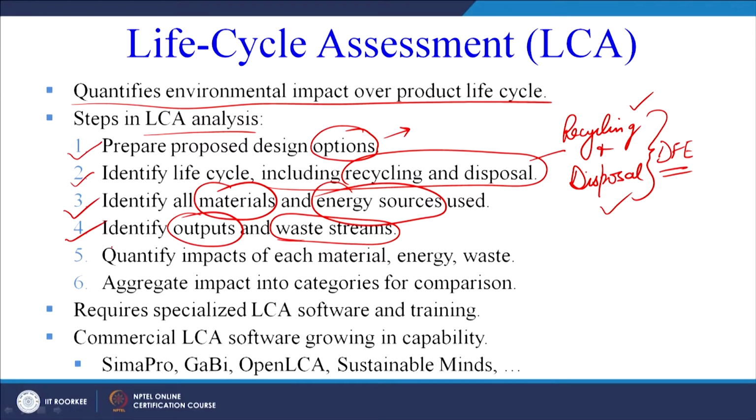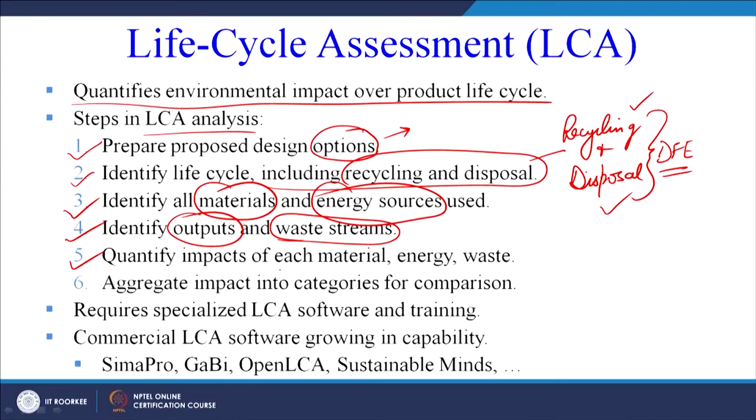Output will be in the term of products or services that the system is offering. Quantify the impacts of each material, quantify in terms of numbers. So we quantify the impacts of each material, energy, waste on the environment, and then we aggregate, maybe sum up the impact into categories for comparison.